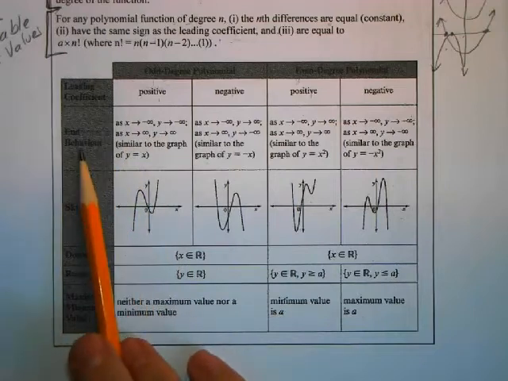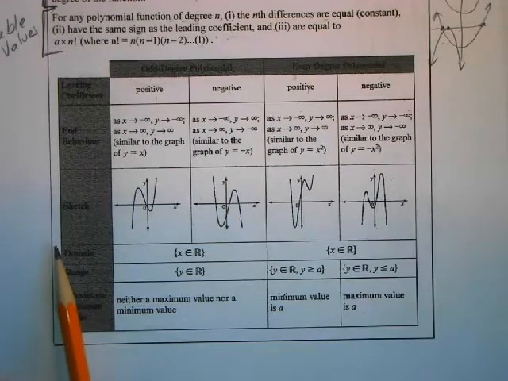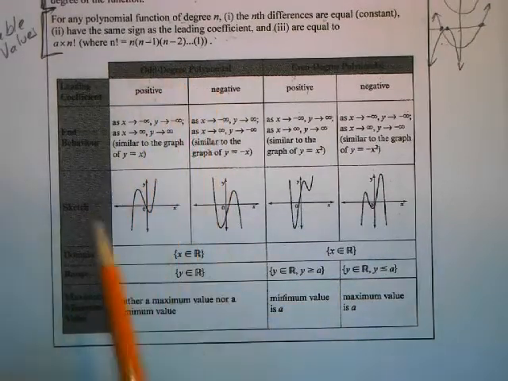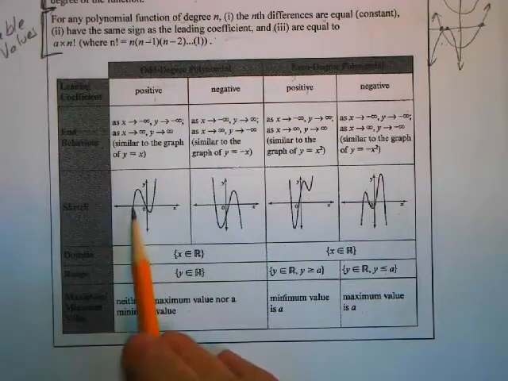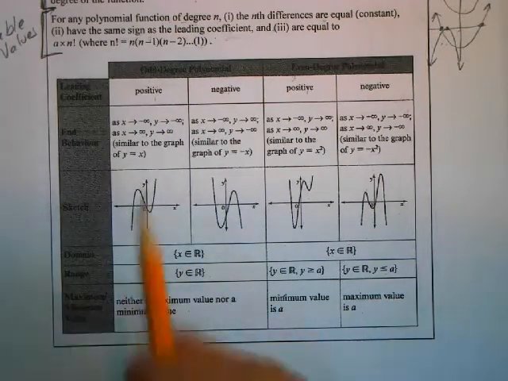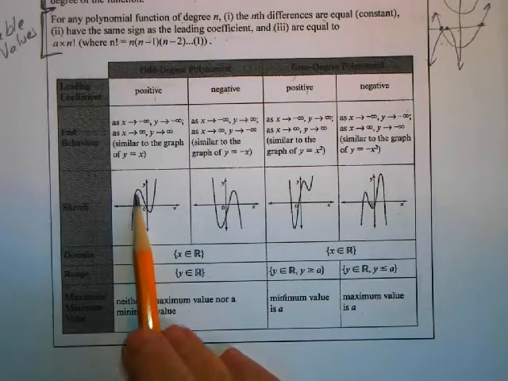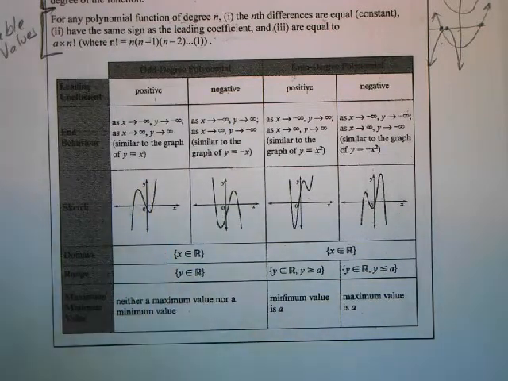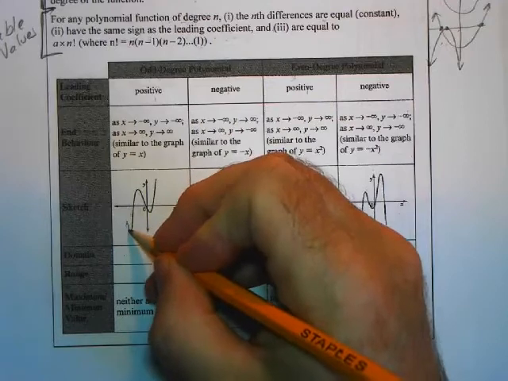So the first thing we talk about is the end behavior. Basically, this is an example of an odd degree polynomial with a positive leading coefficient. What I'm going to focus on here is the end behavior.